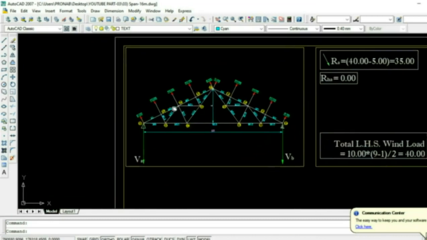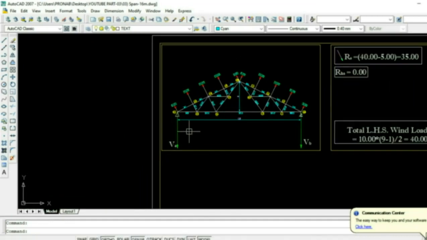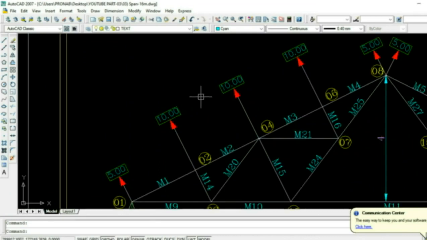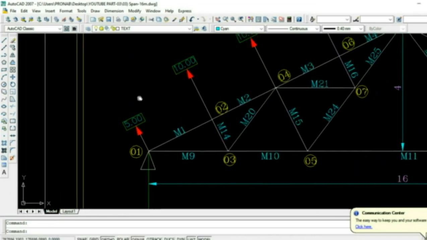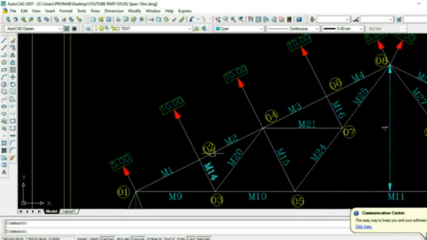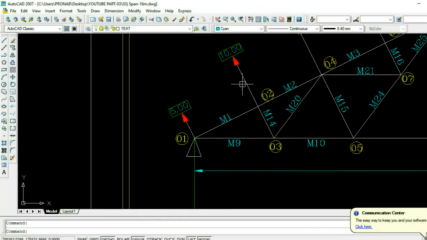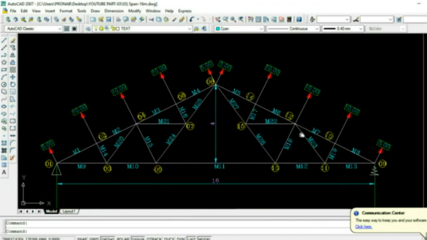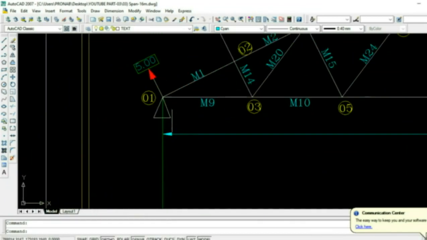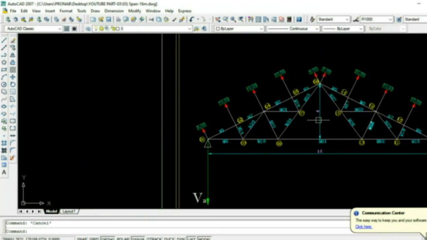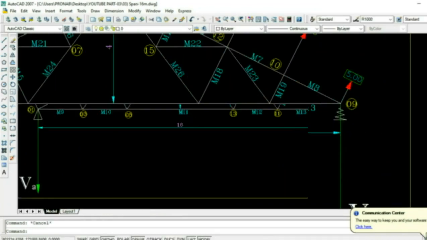And here is our truss. Our wind load in internal joint is 10 kilonewton and external joint 5 kilonewton. This is our pin support. This is our roller support.